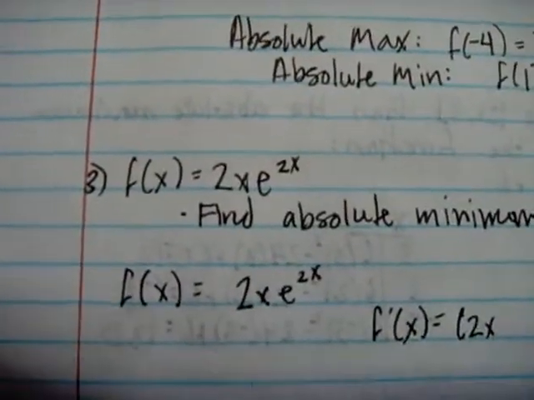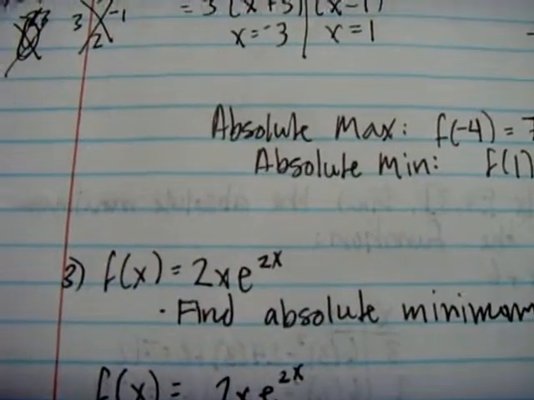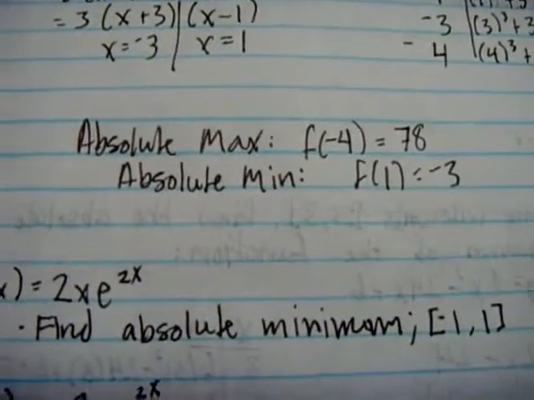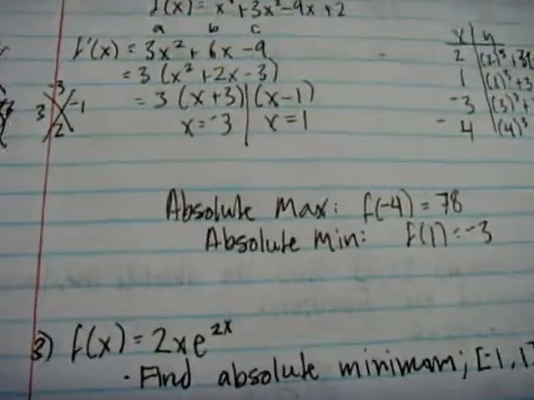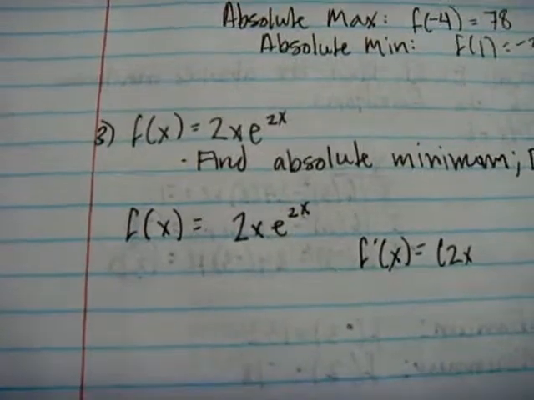For this problem, we need to find just the absolute minimum for f of x equals 2x times e to the 2x between the interval negative 1 and 1. So the same, we derive first. For this one, we actually need to use the product rule.